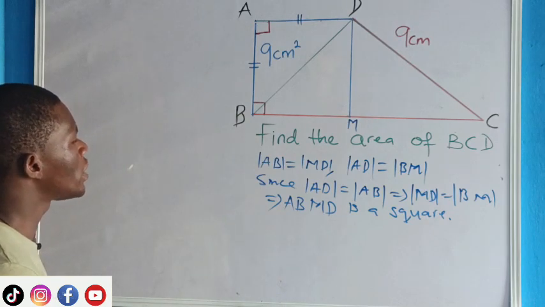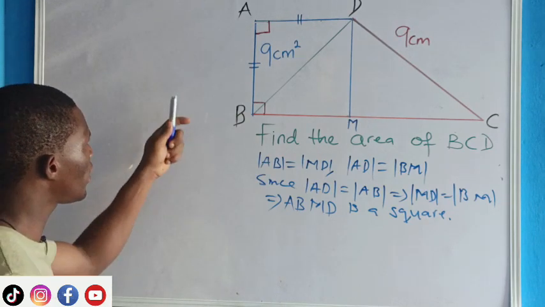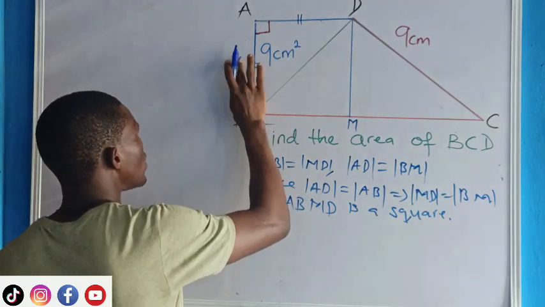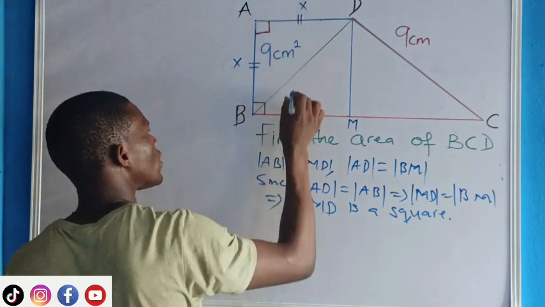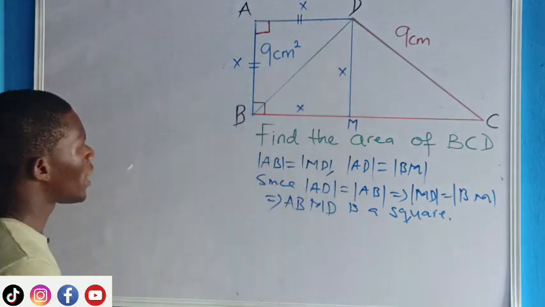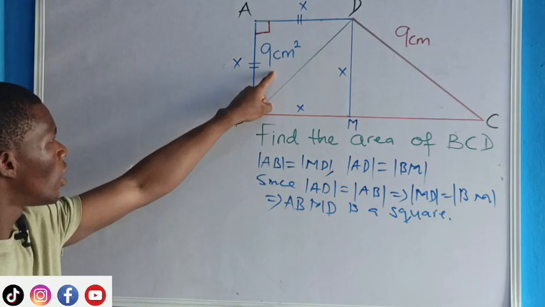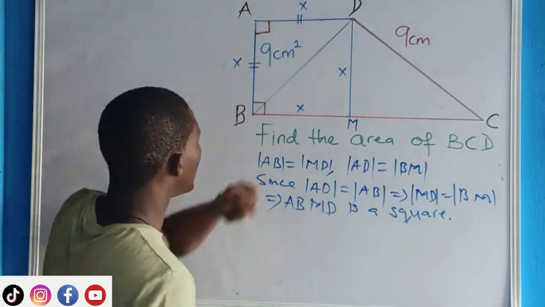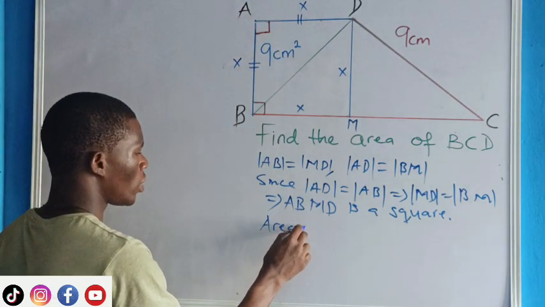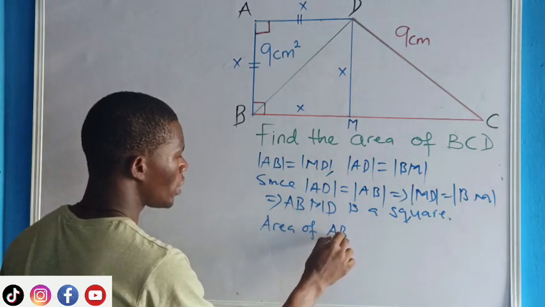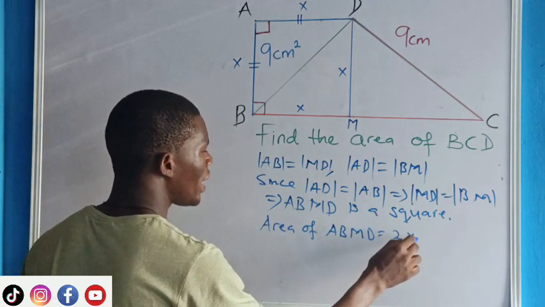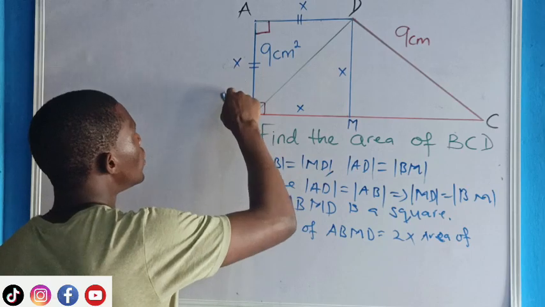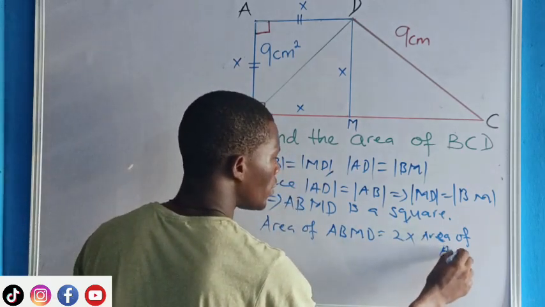Since we have proved that ABMD is a square, with each side being x, the area of ABMD is equal to twice the area of triangle ABD.